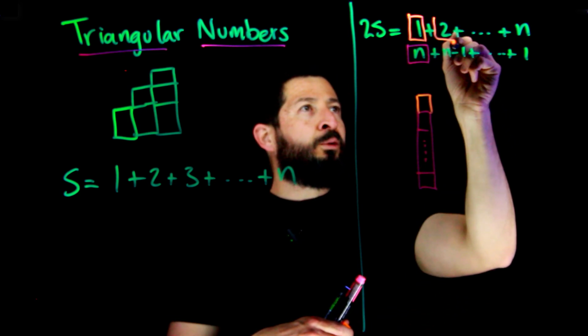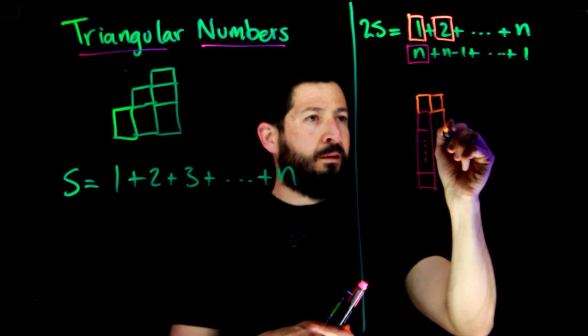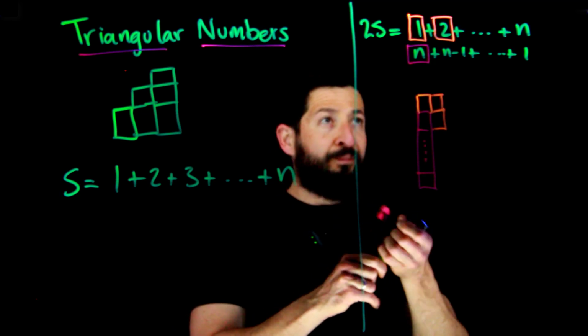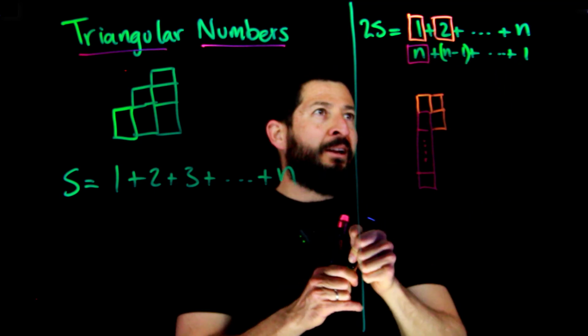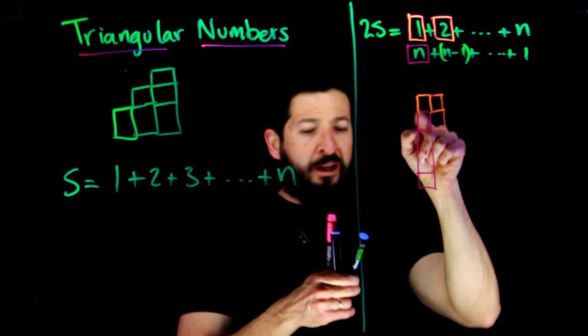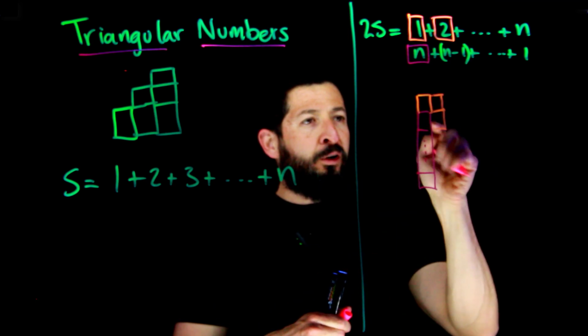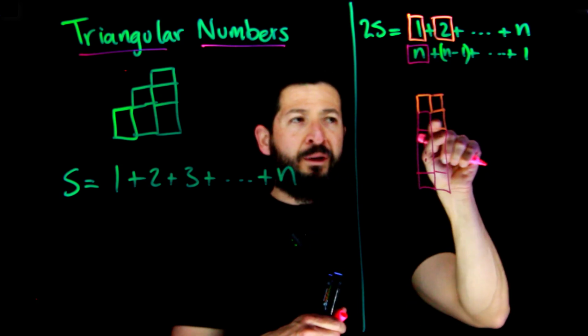So now let's do 2. So you're going to have 2 blocks. And then you have n minus 1 of them. Put them in parentheses. But if you do n minus 1 plus 2, you're still going to have the n plus 1 blocks. So you are basically eliminating 1 block, but adding 1 block here. Eliminating 1.